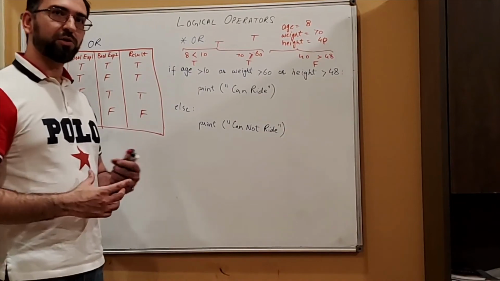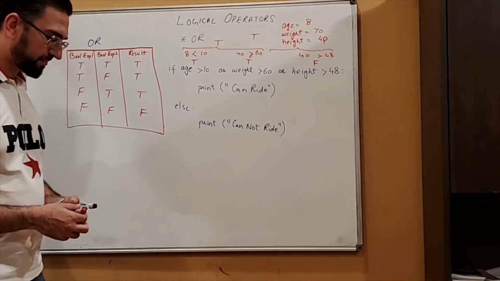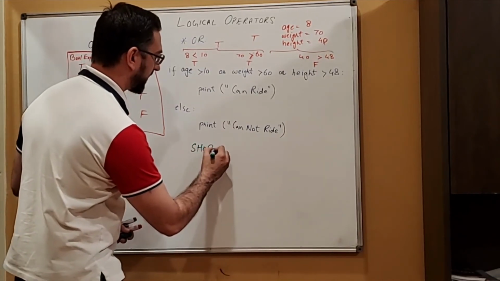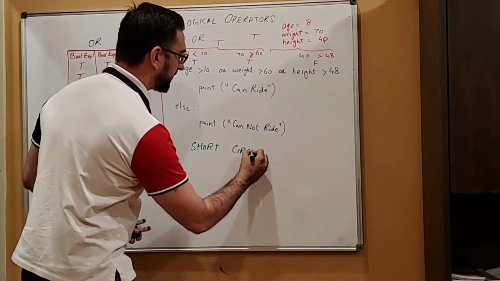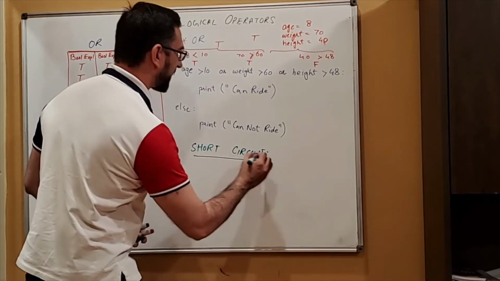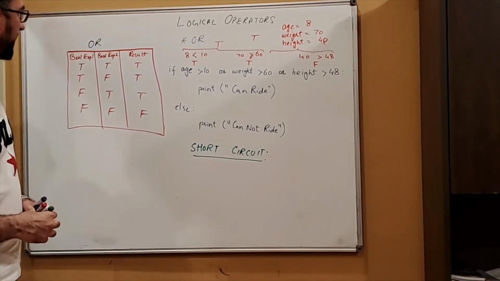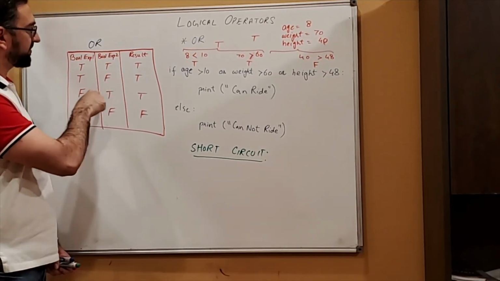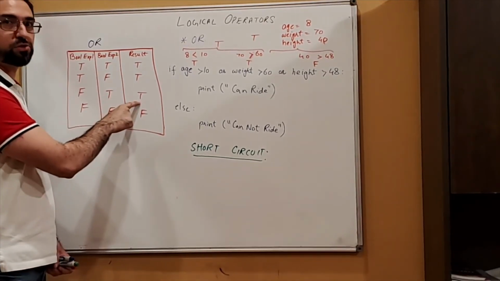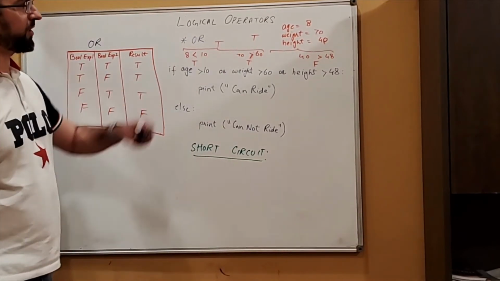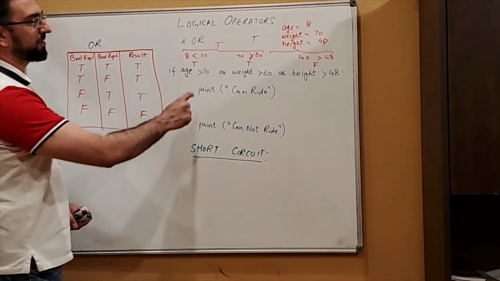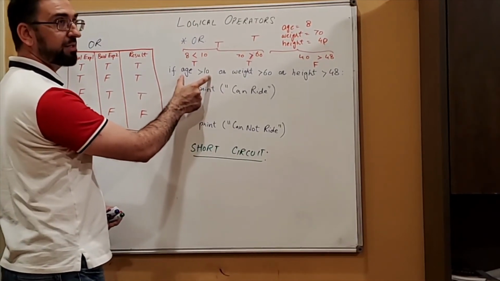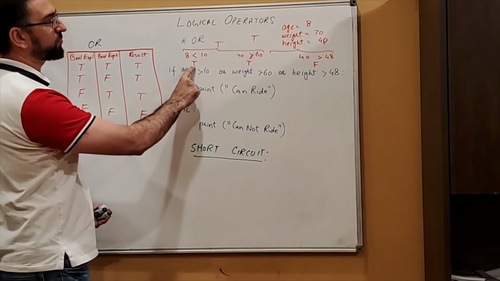Now the OR operator also has a short circuiting feature. So let's go ahead and look at that. If you see here in the truth table, if any of the Boolean expressions is true, the result is true. And going back to our example, what the computer will say is, I have evaluated the age greater than 10 expression, and it comes out to be true.